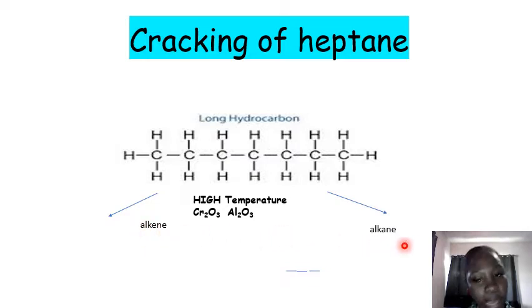Why? Who can guess why? Good. The law of conservation of matter, which states that matter cannot be created nor destroyed, but it can be converted from one form, which is a long chain unuseful alkane, to useful products such as your alkene and your alkane. Okay? So let's keep that in memory.